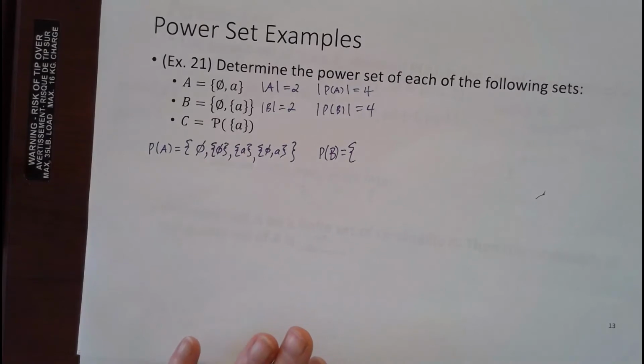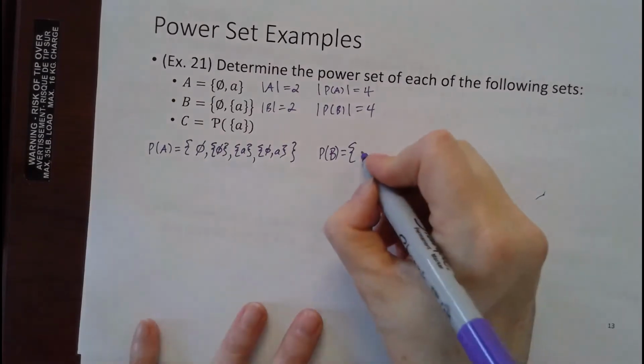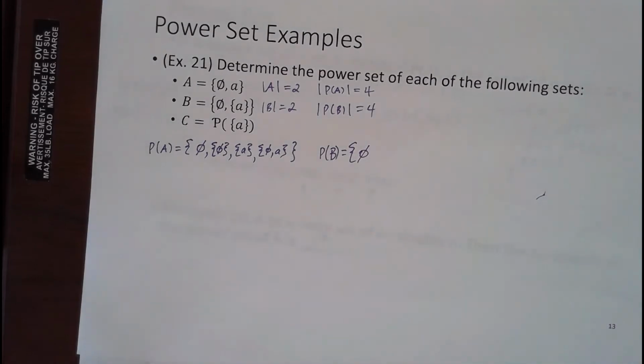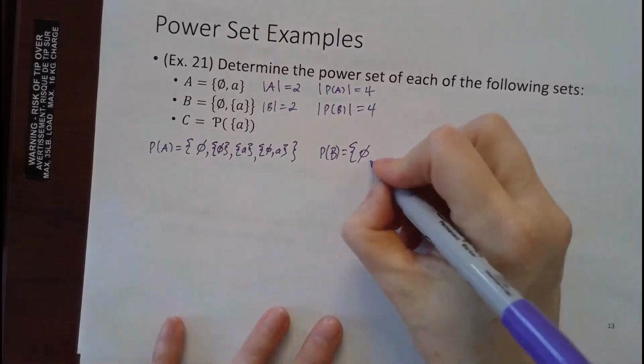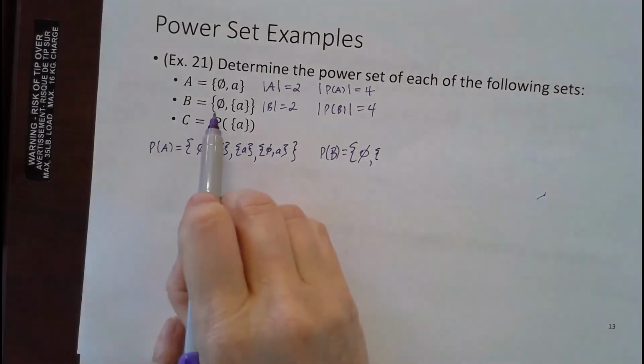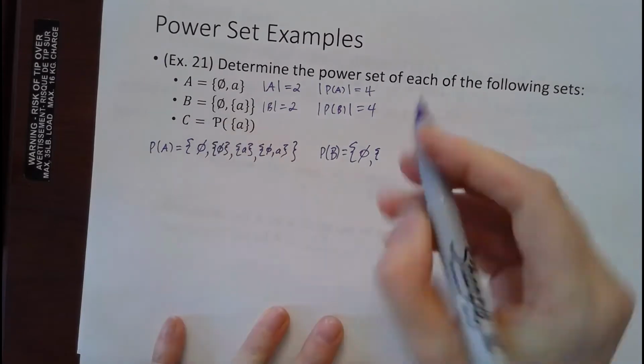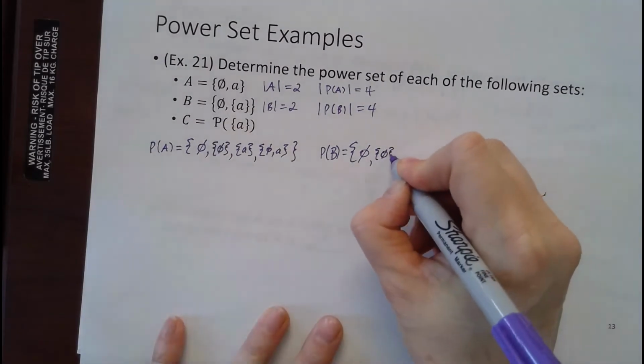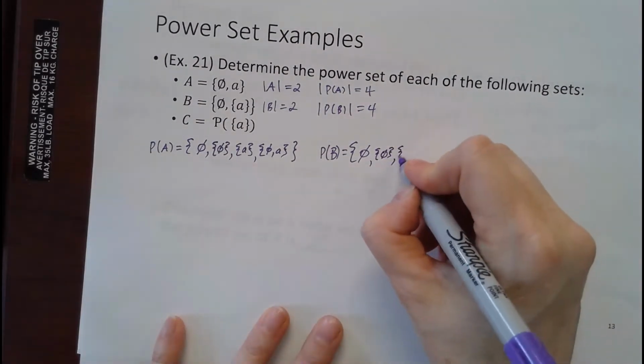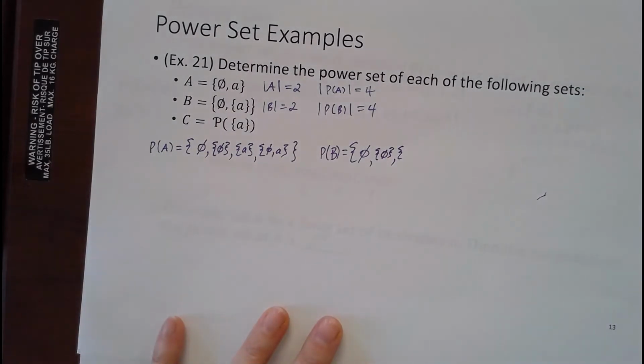First of all, of the subsets of size 0, there's only one of those. That's always the easy one. Now I have to have sets that have just one thing in them. So I have a set with the first element in it, or I can have a set with the second element in it.